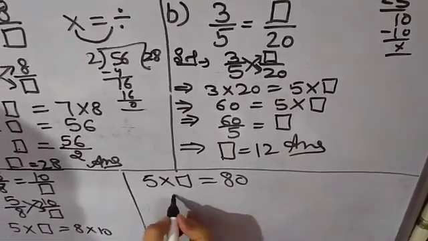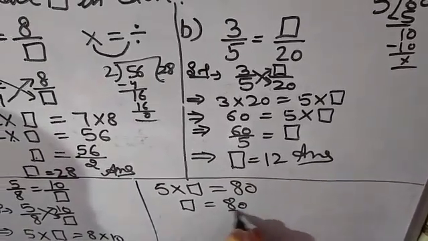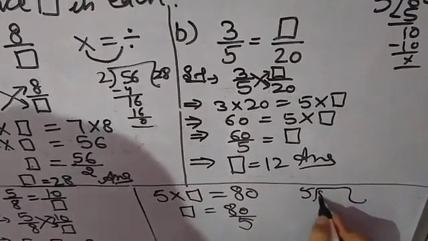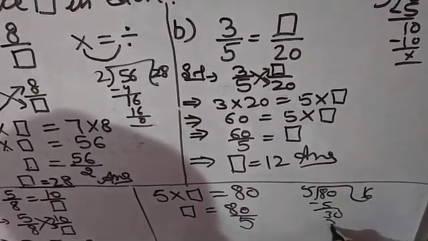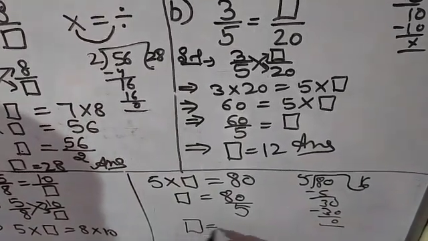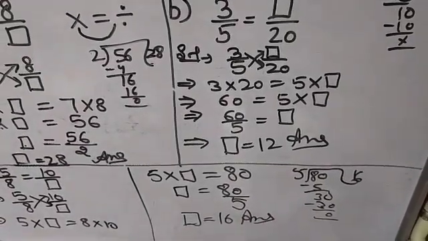Now 5 will go there. It will be of division. 80 divided by 5. Do division in rough. Its answer will be 16. So value of box is 16. D part is homework.